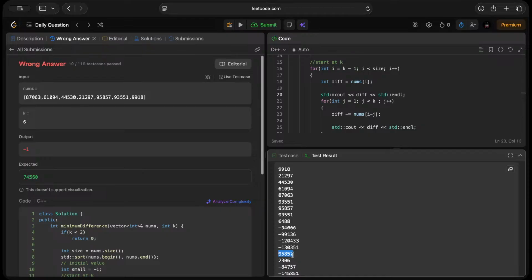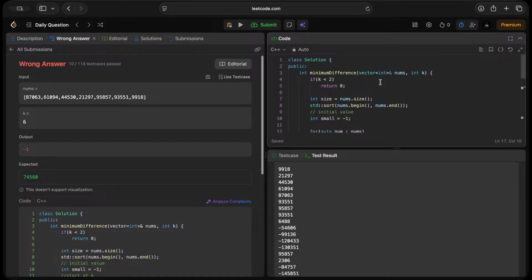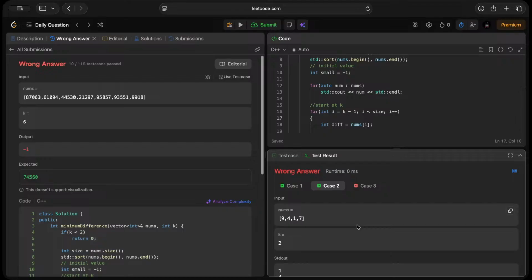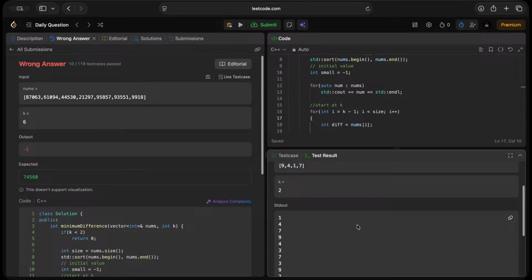Okay, but we have this 9587 right here. Just strange, because on here we got 1479.